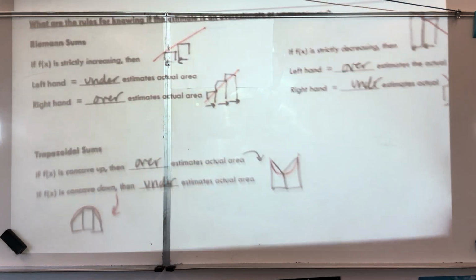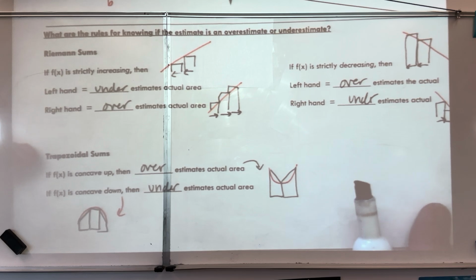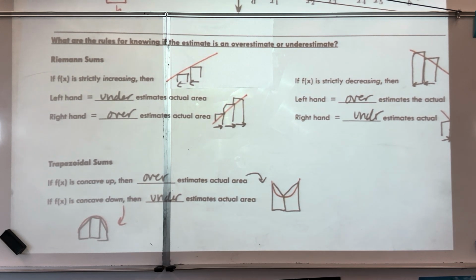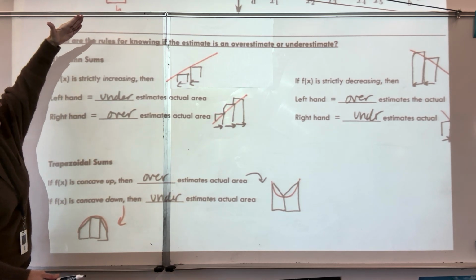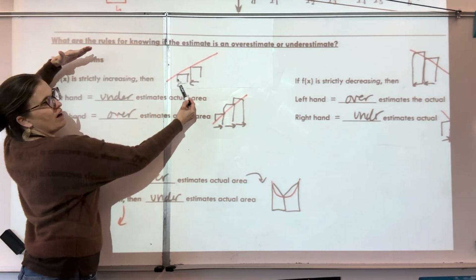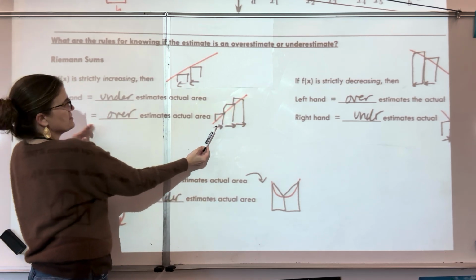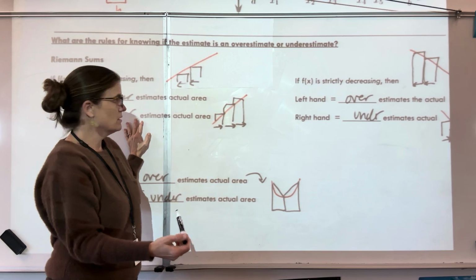Why don't I just cheat and put up the answer key here. Like we mentioned, if the function was increasing, then a left Riemann sum would underestimate it, but a right Riemann sum for an increasing function would overestimate. All these values here would be over the actual area.